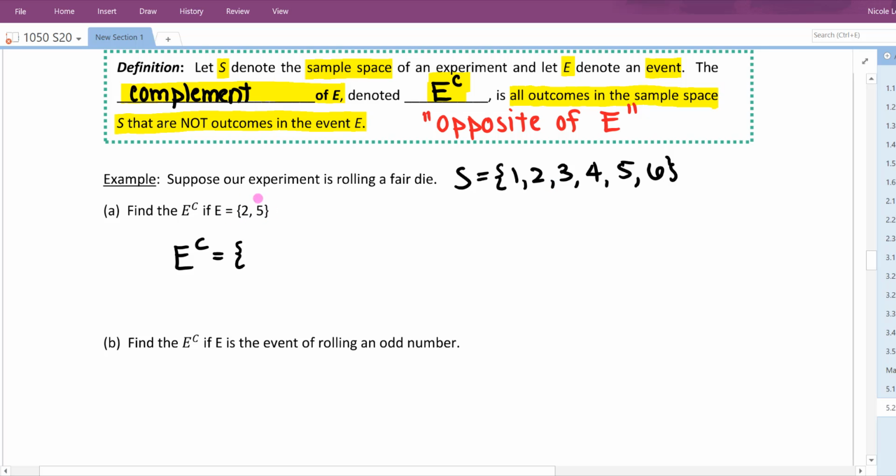Looking at our E, we only have the outcomes 2 and 5. If you take out 2 and 5 from your sample space, what you have left will be your complement. So in our complement, we would have 1, 3, 4, and 6.